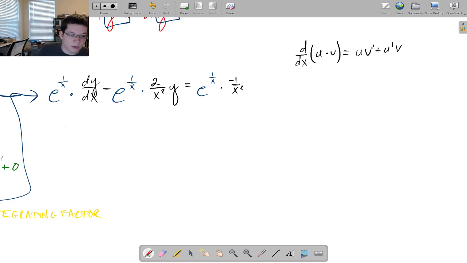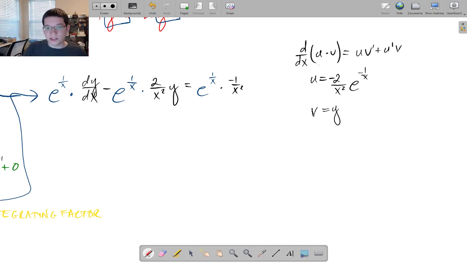We have u equal to negative 2 over x squared e to the 1 over x, and v equals y.